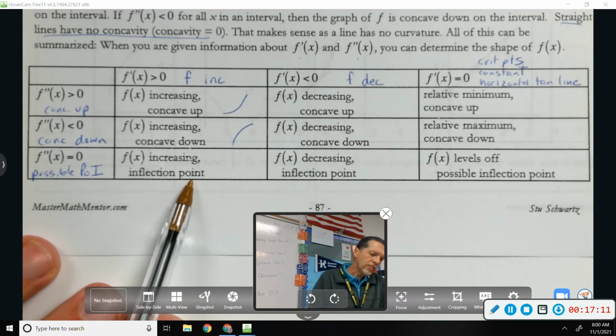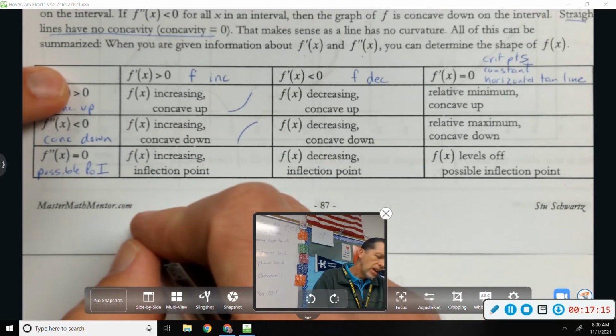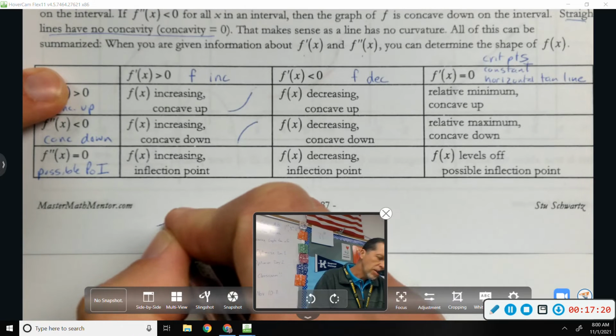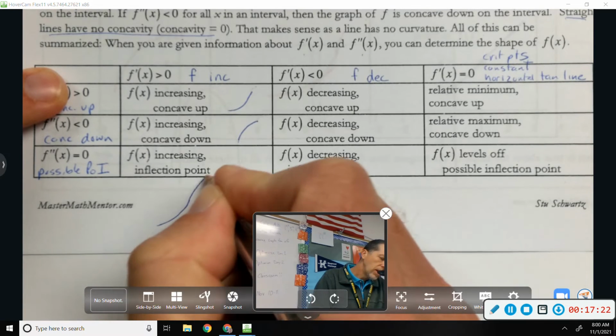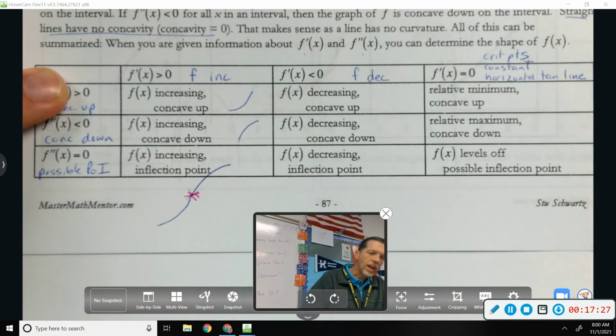Increasing with an inflection point. So this is a little bit trickier to draw maybe, but I want to be increasing the whole way, but I want to change from concave up to concave down. So at that spot right there.